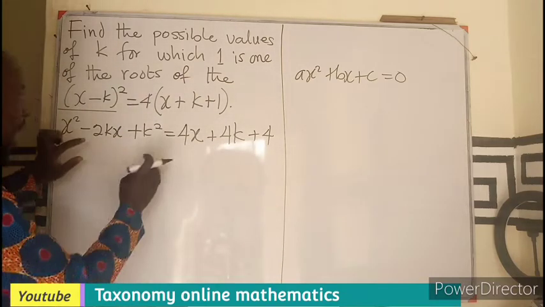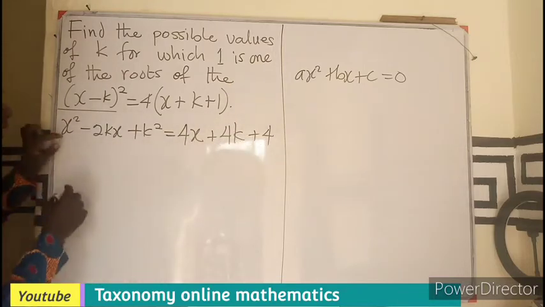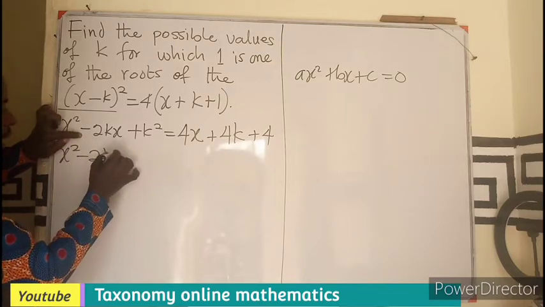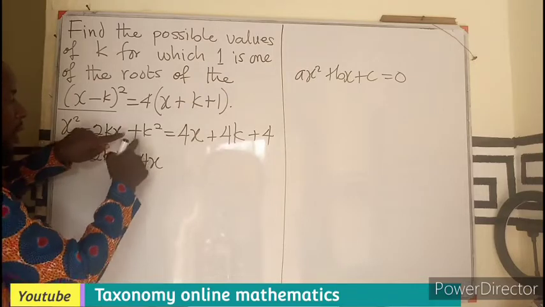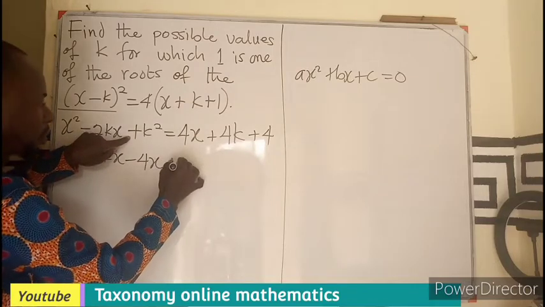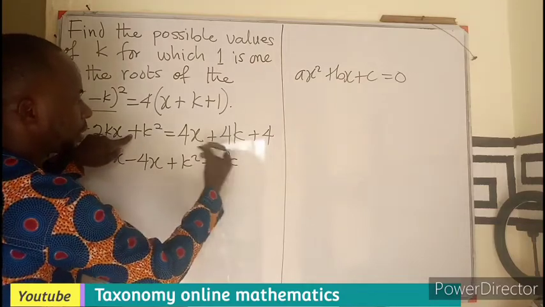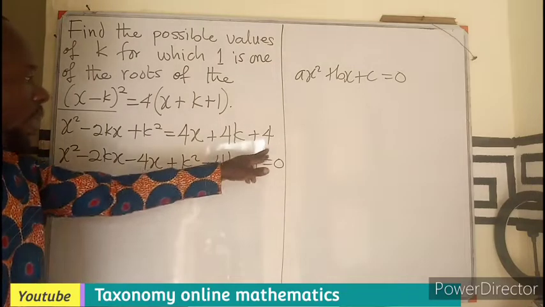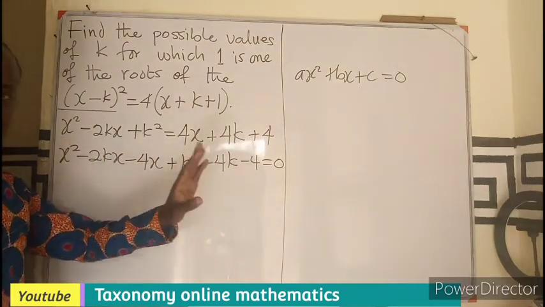Alright, so now I want to bring the x together, then the constants together, meaning x squared minus 2kx minus 4x, then the constant terms, k squared minus 4k, all equals 0. We have 6 terms.